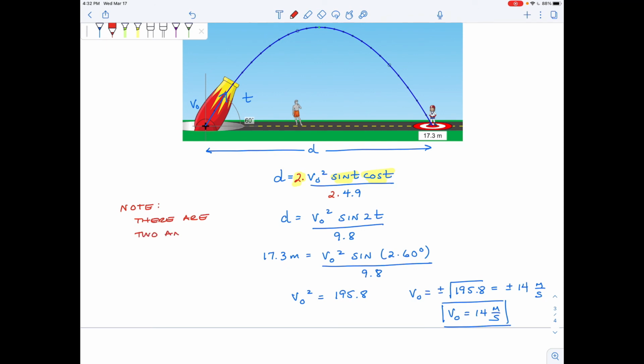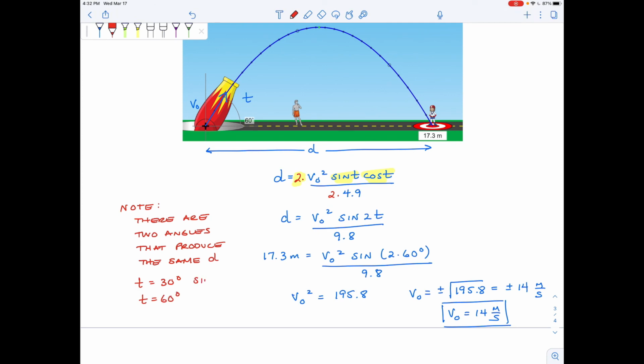So there are two angles that produce the same d. And those two angles would be t equals 30 degrees and t equals 60 degrees. They're complementary angles.